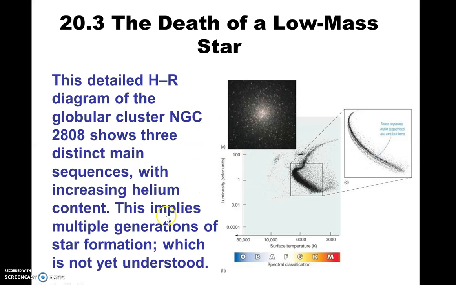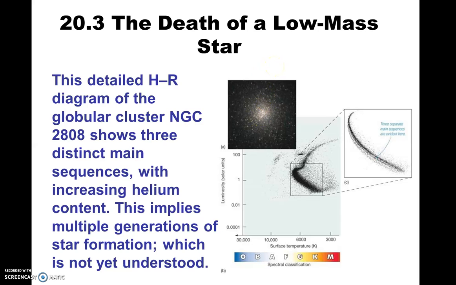So anyhow, this particular thing is looking at the turnoff point, and we see, as it says here, 3 distinct main sequences with increased helium content, which implies multiple generations of star formation. When the earlier generations died, they left heavier elements, heavier than hydrogen and helium, and new stars formed.